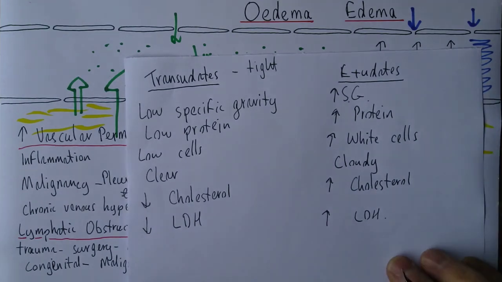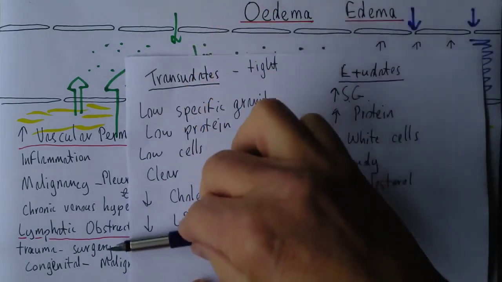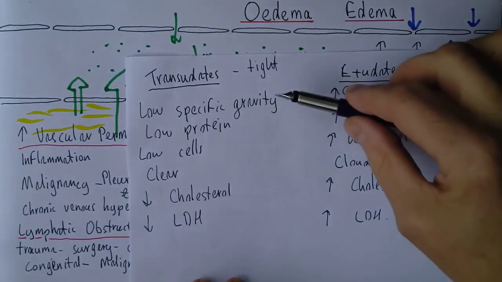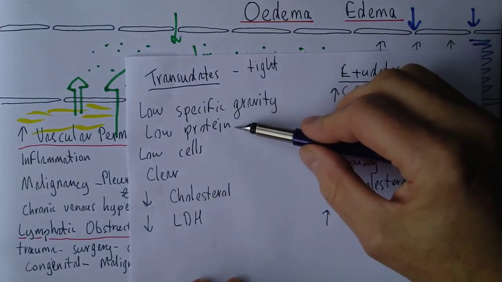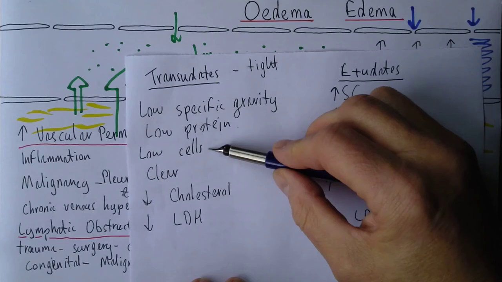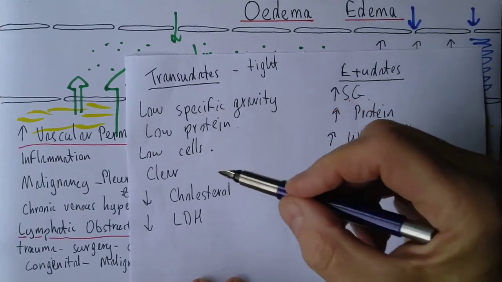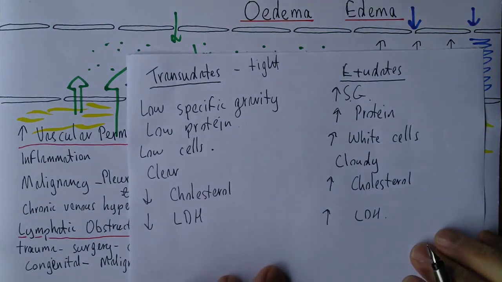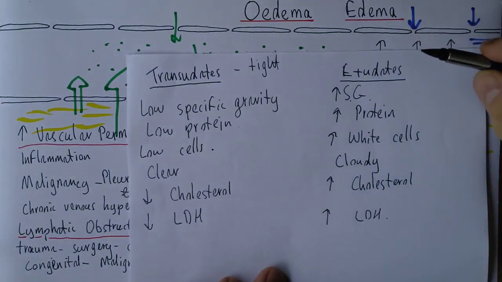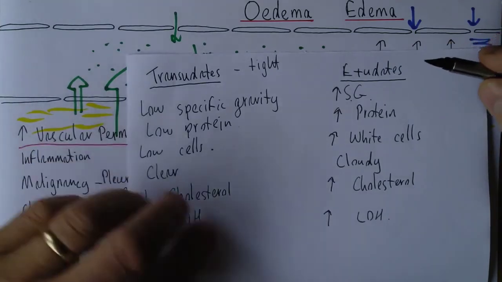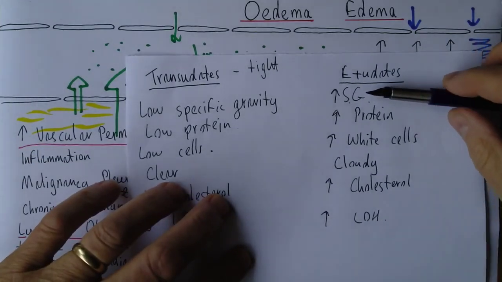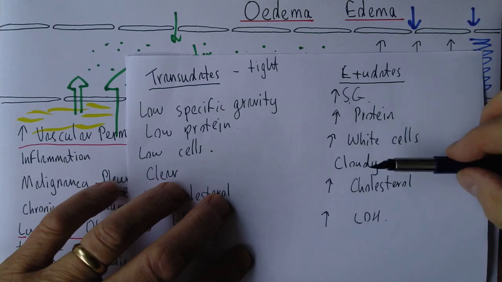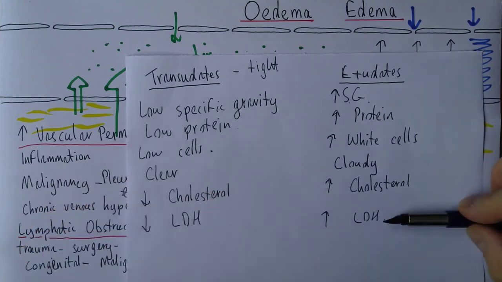So we can see these differences between the transudates with the tight junctions with the vessels intact, low specific gravity because the proteins are kept in, the white cells are kept in, that means it's fairly clear, and other chemical components of the blood are kept in. Whereas with the exudates, because we have the increased vascular permeability usually, increased specific gravity because there's more protein, there's more white cells, that can make it cloudy and other components of the blood can escape.